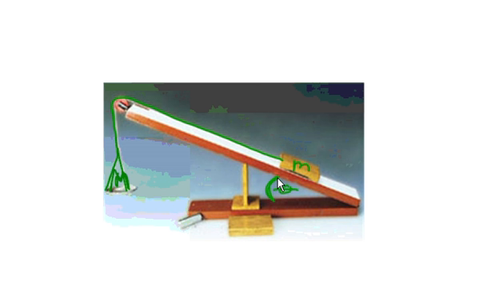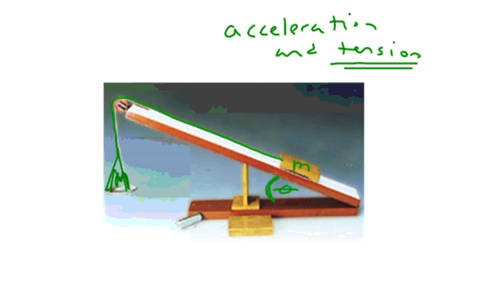And what we want to find is acceleration and tension. So we want to find the acceleration of the system, which is going to be constant. The rope and the masses will all be accelerating at the same rate. And we want to find the tension that's in the rope.